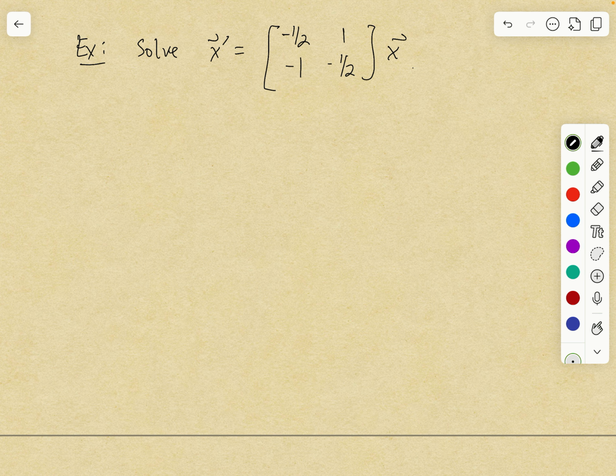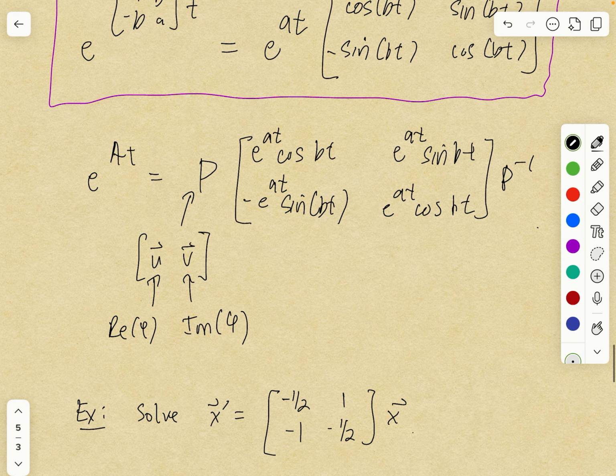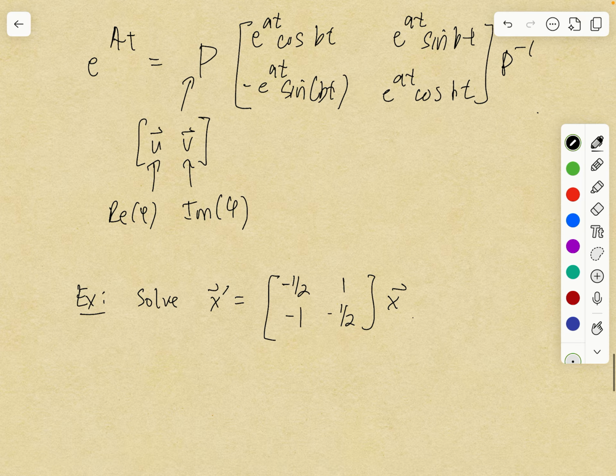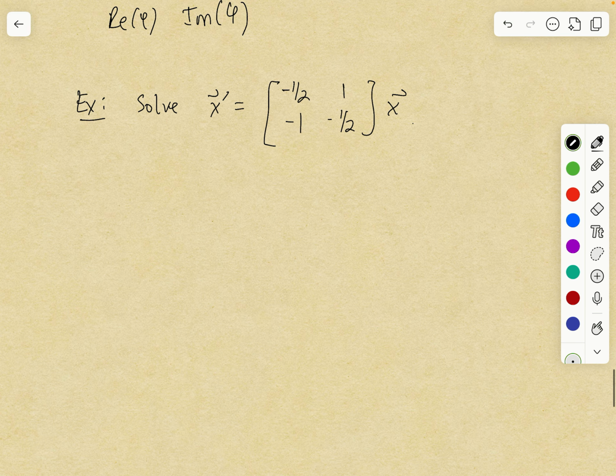Now, if you think about what we did, that's essentially what this theorem is telling you with the matrix exponential, because P is the matrix whose columns are the real and imaginary parts of the eigenvector that you found.